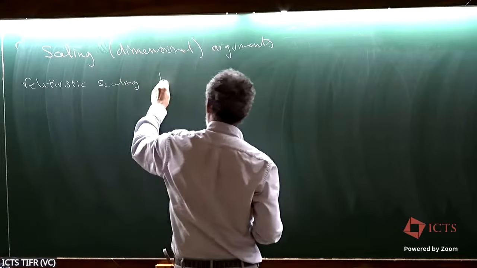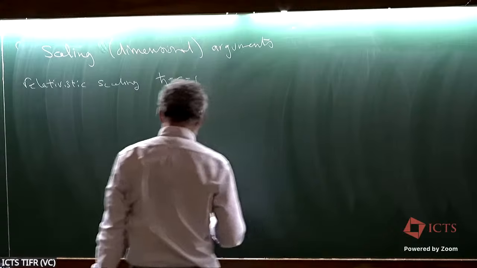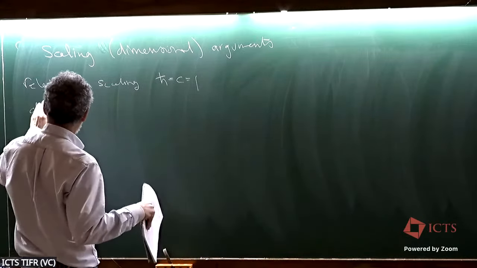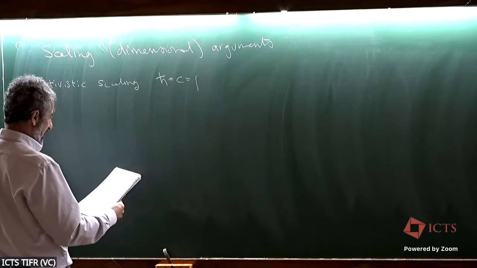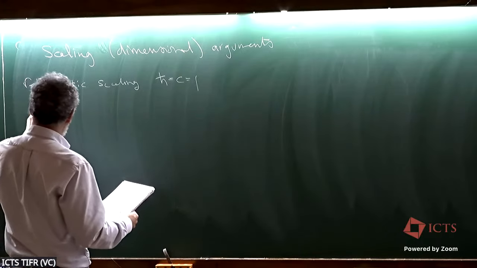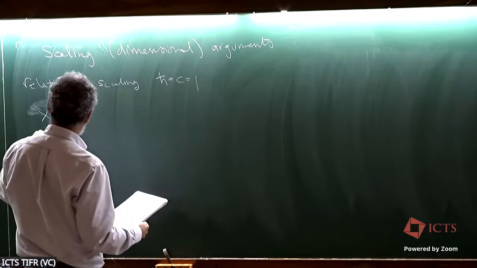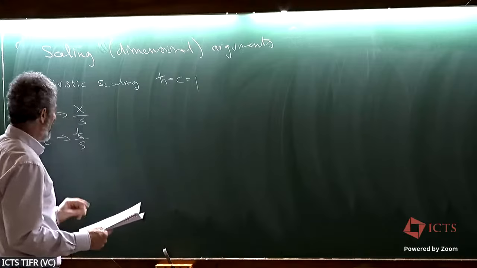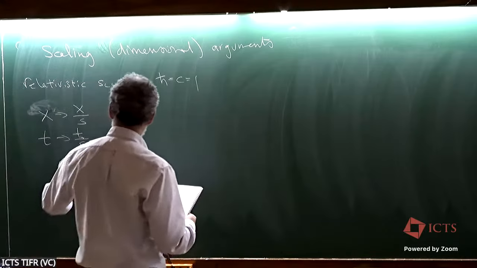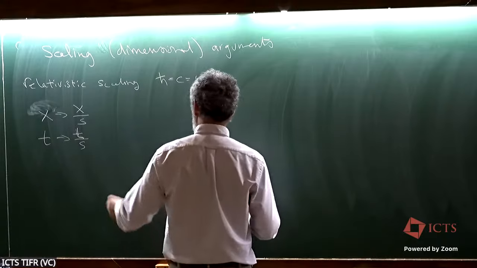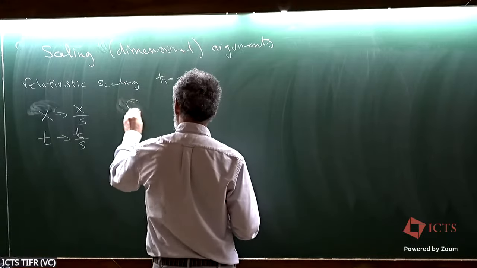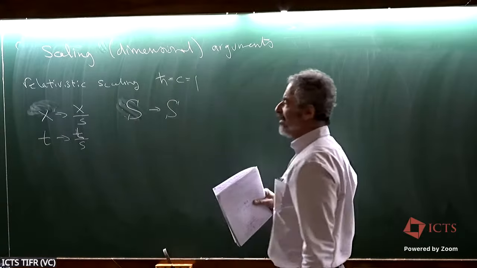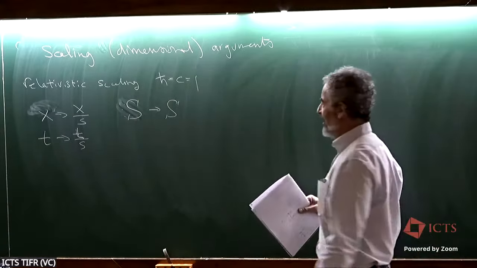We set h bar equals c equals 1, and then we say that x goes to x over s, and t goes to t over s. They scale the same way because that's what we do in relativistic theories. And then we say that the action goes to itself. It doesn't scale at all. So we're looking for a scaling symmetry in our theory.